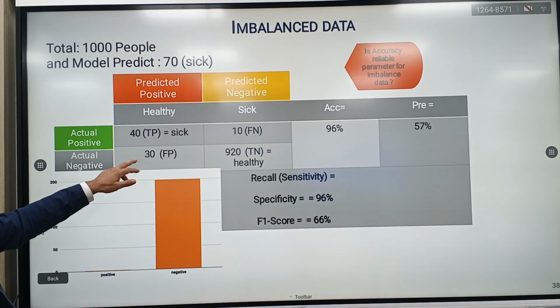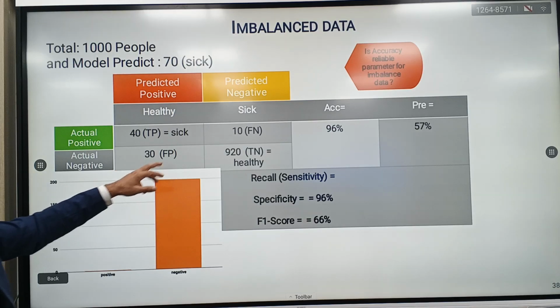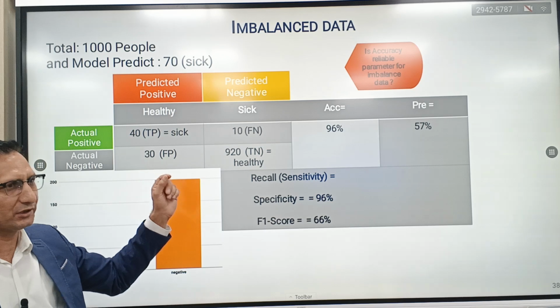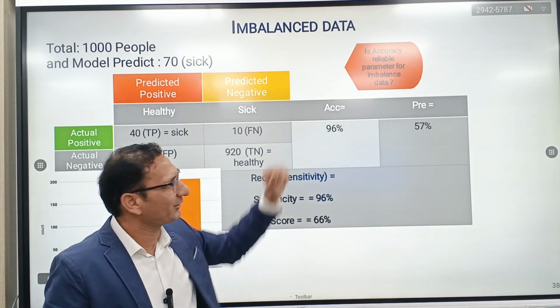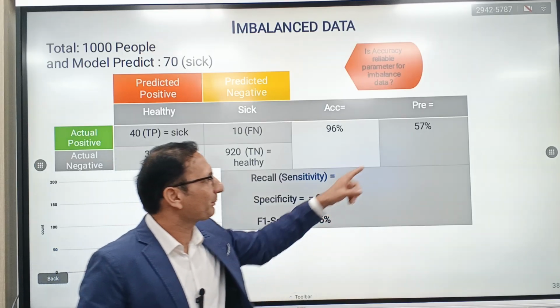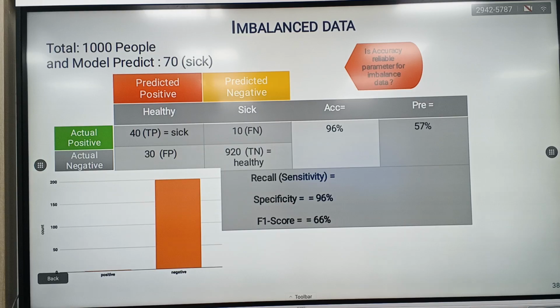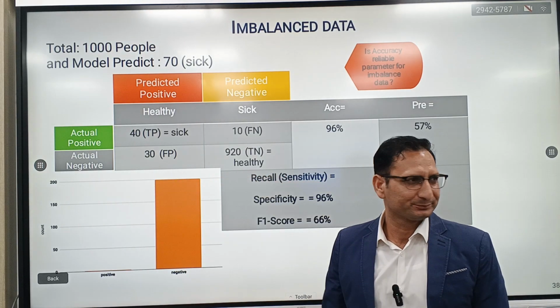So if the system says, okay, these 30 are false positive and these 10 are negative, and you use the formula of accuracy, true positive plus true negative divided by all, you get accuracy of 96%. But when you get the precision, you get 57%. You know why? Because of this factor.